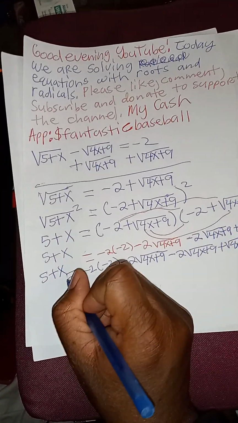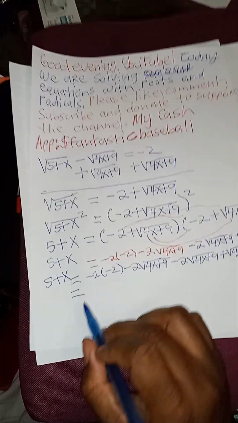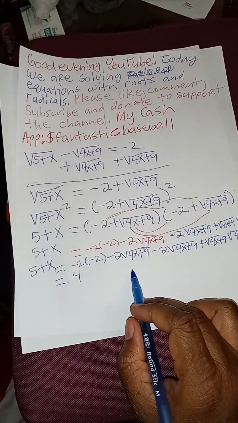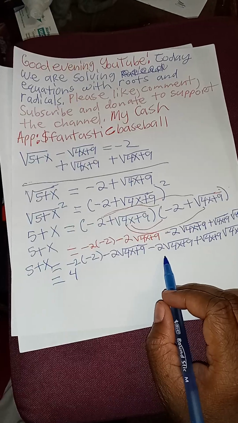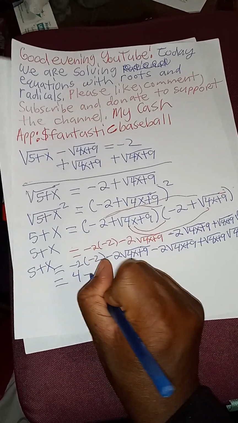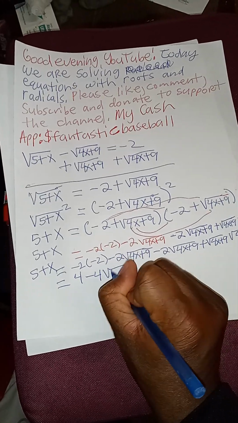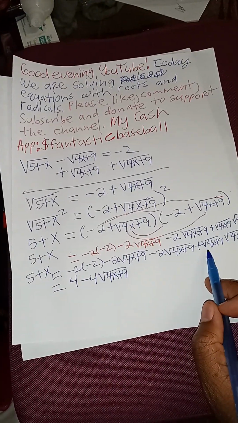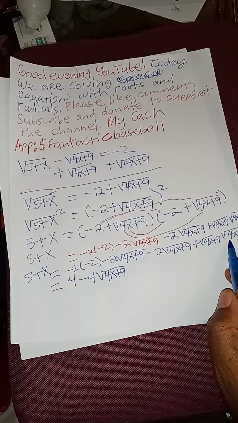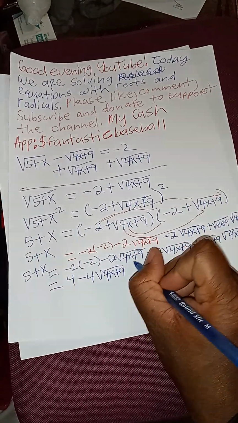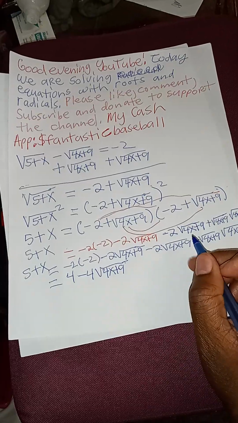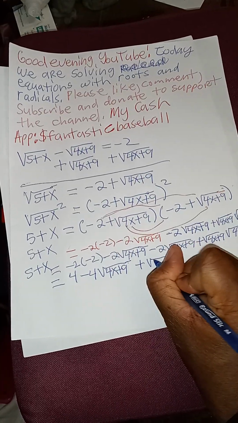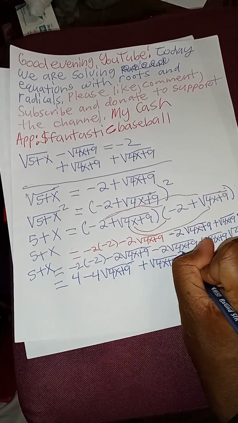Now, negative 2 times negative 2 is 4. Minus 2 square root of 4x plus 9 minus 2 square root of 4x plus 9 is going to equal minus 4 square root of 4x plus 9. And then square root of 4x plus 9 times square root of 4x plus 9 will equate to plus the square root of 4x plus 9 squared.